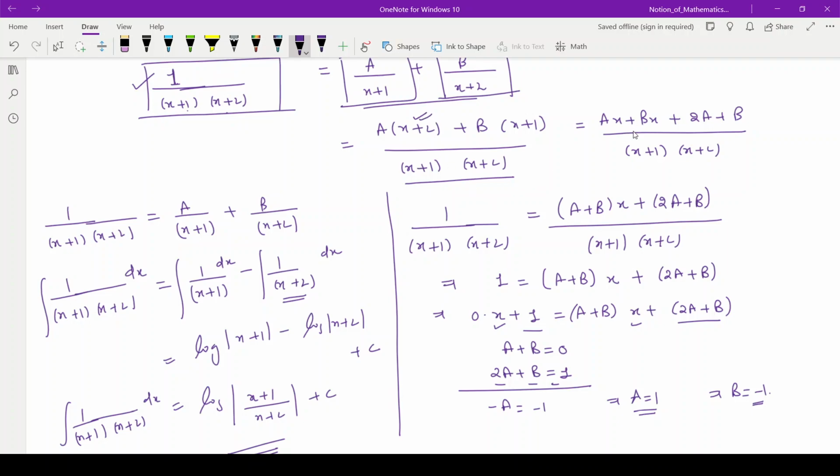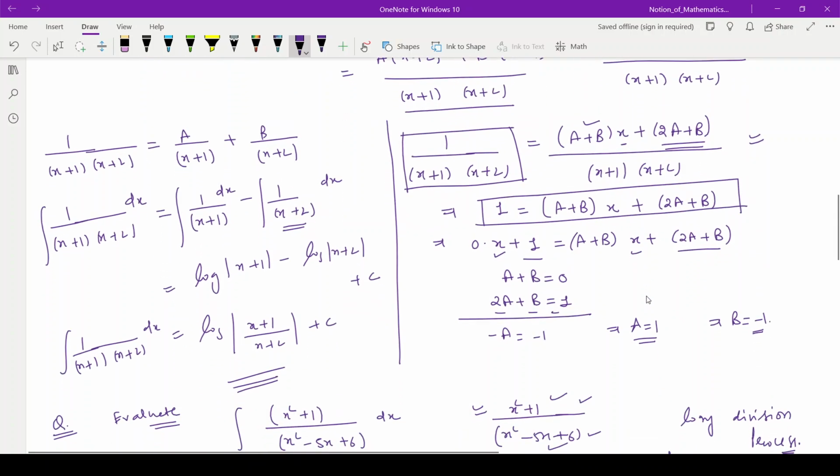Then by some simplification, we can write 1 upon (x plus 1)(x plus 2) is equal to (A plus B)x plus (2A plus B). By comparing these terms of this equation, we will get this equation, and after that, this 1 can be written as 0 into x plus 1.